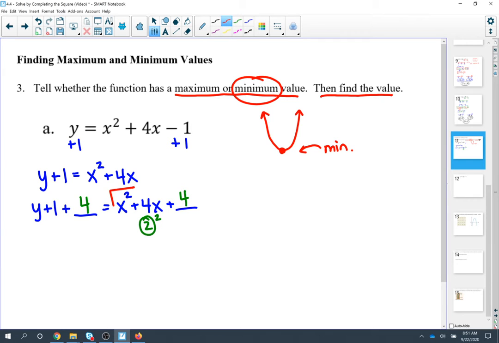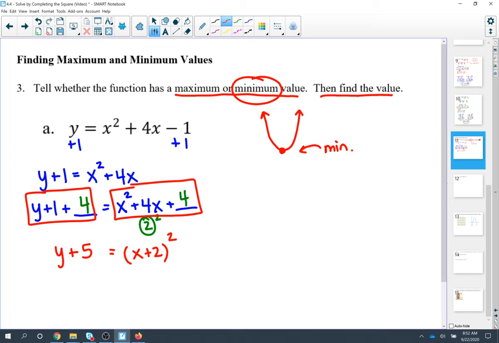Over on the right this time, I'm going to factor, which becomes x, the positive 2 falls into place, squared. And then over on the left, we're just going to combine like terms. So we have a 1 and a 4, which is going to be 5. So this is y plus 5.